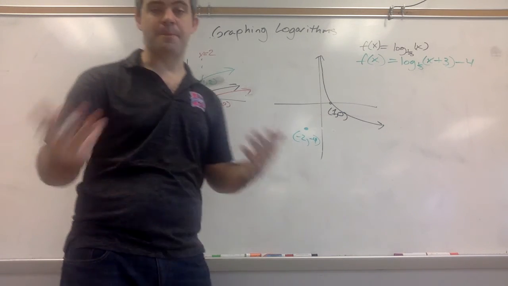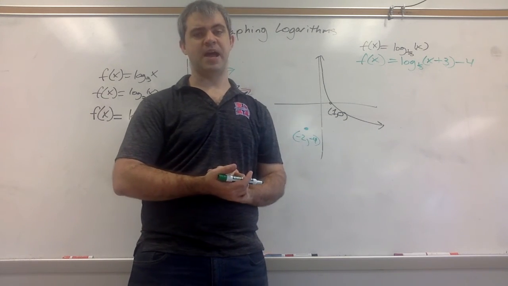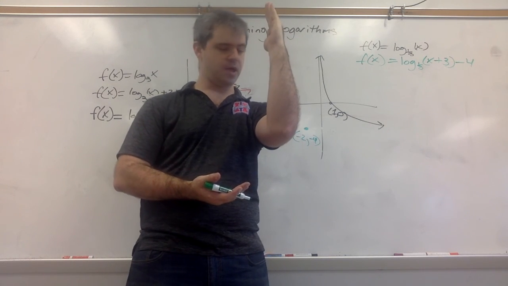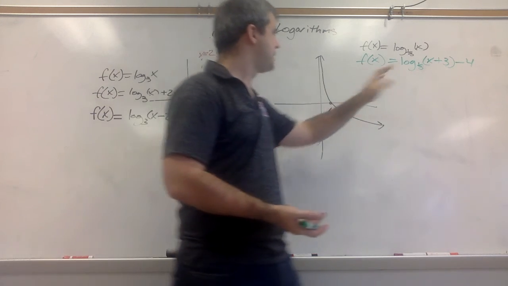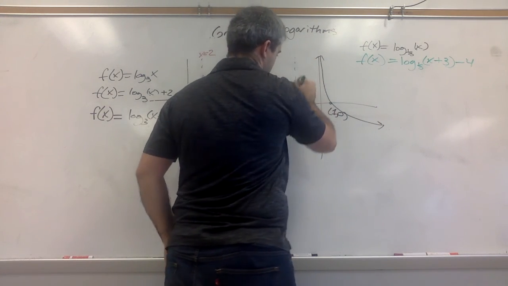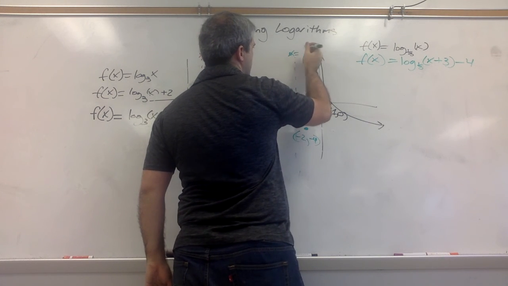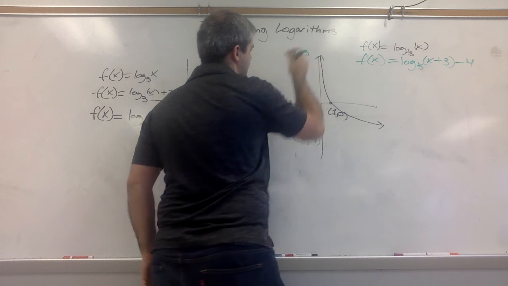Okay. What happened to my asymptote? Well, the up and down did not affect my asymptote because it was already a vertical line. But my asymptote moved 3 to the left. So this would be x equals -3.